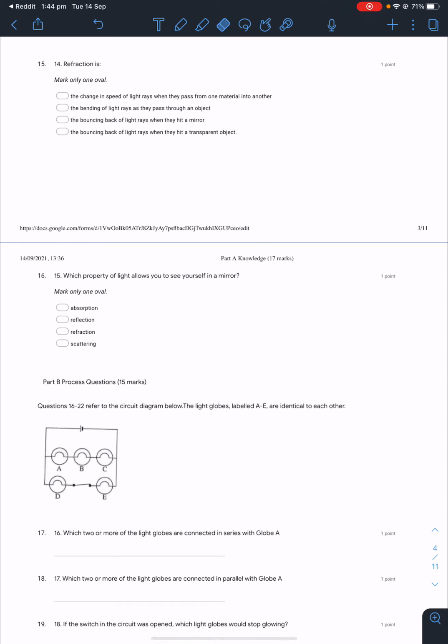So you should have put down this top one here. Change in speed. It's not the bending of the light. The bending of the light is the result of it, so not that one. It's definitely not the bouncing when they hit the mirror. That's reflection. And the bouncing back of light rays when they hit a transparent object is also some reflection as well.